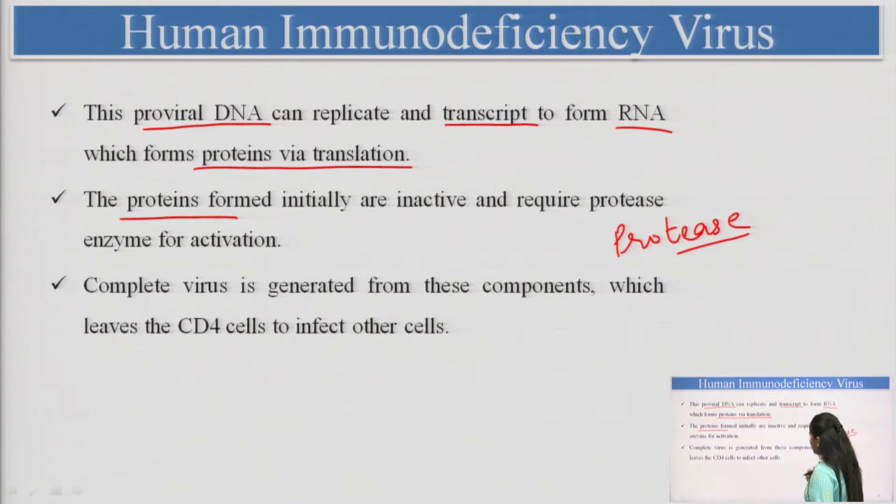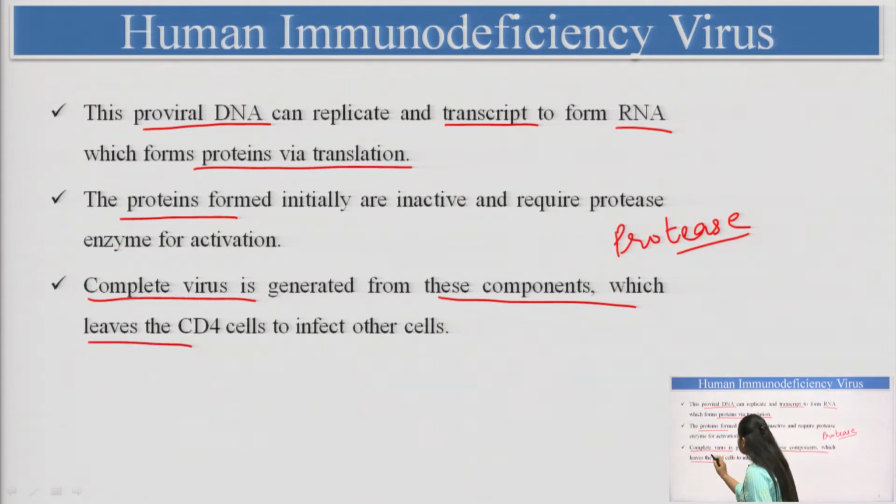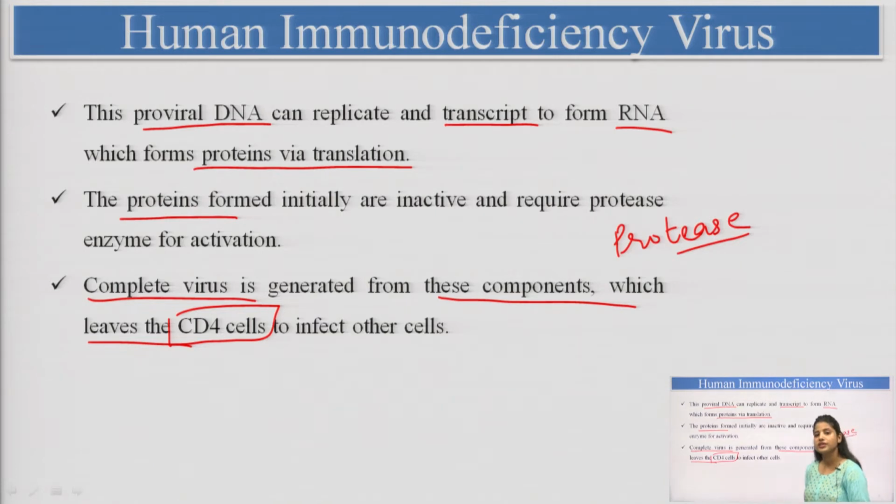Once the functional proteins are formed, they form new virion particles. The complete virus is generated from these components, the functional proteins, which leave the CD4 cells and then infect other cells. This is how the infection spreads to other cells.